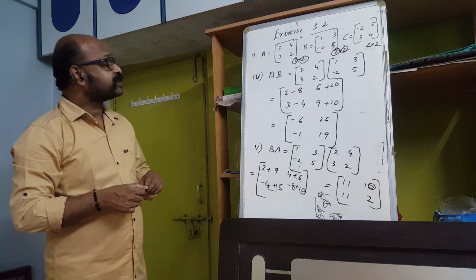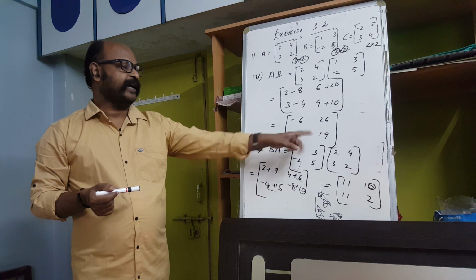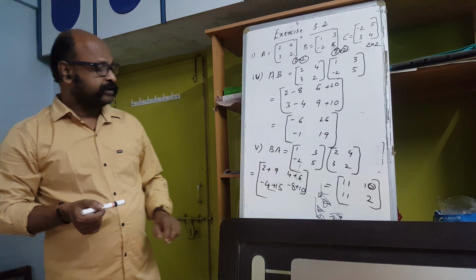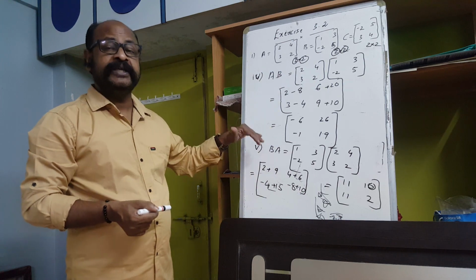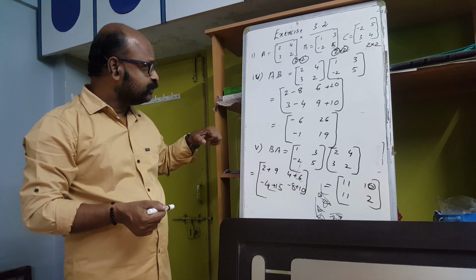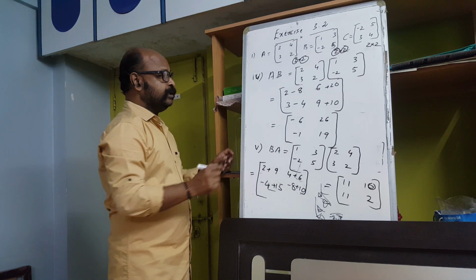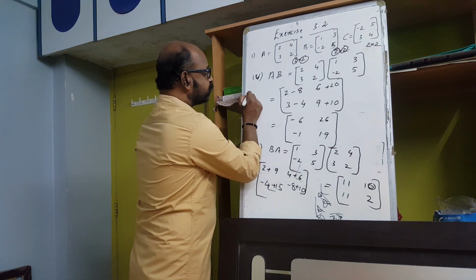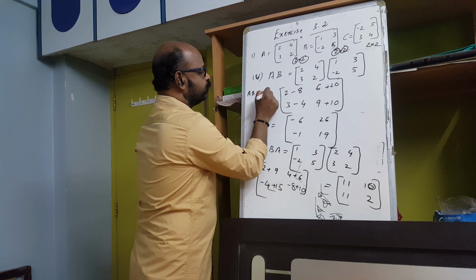So see, what was AB? Minus 6, 26, minus 1, 19. But BA is 11, 10, 11, 2. So from the products AB and BA, it is very clear that AB is not equal to BA.